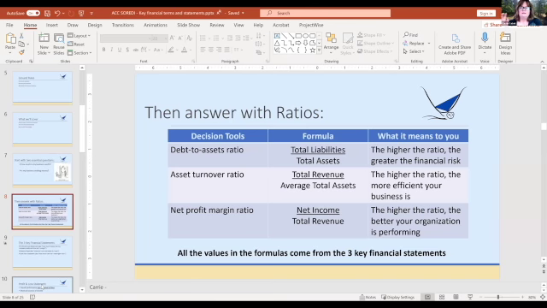The key variables in these formulas include your total liabilities, and we'll talk about the definition of that, but that is your obligations to pay, your total assets, or the things that you own. Sometimes it's cash, sometimes it's equipment. Total revenue, which, believe it or not, is different than total income.